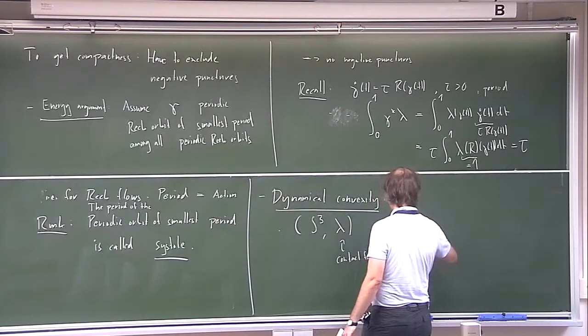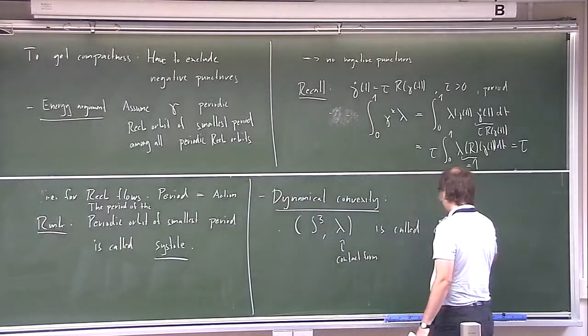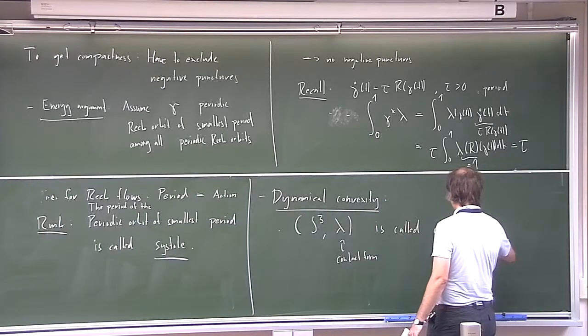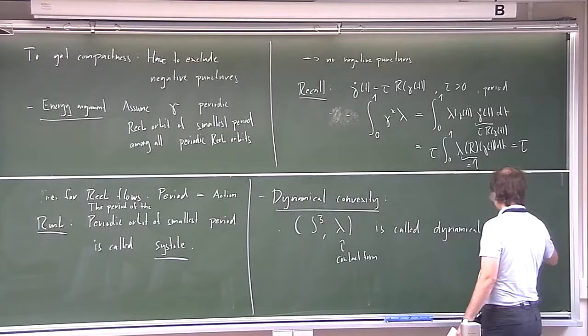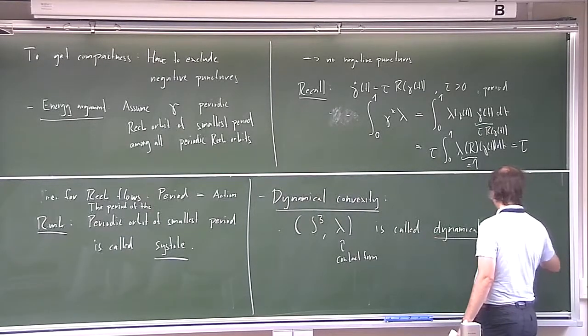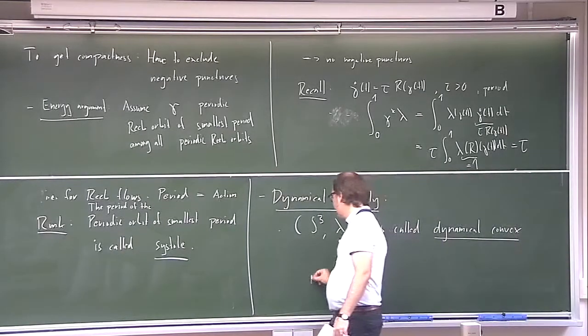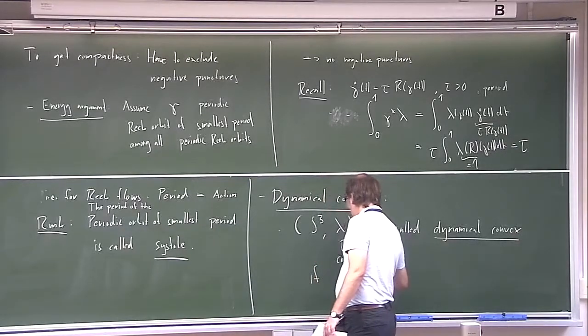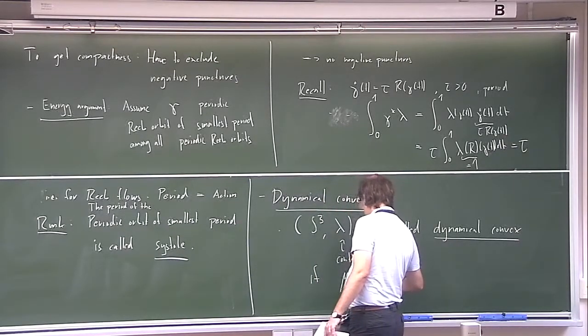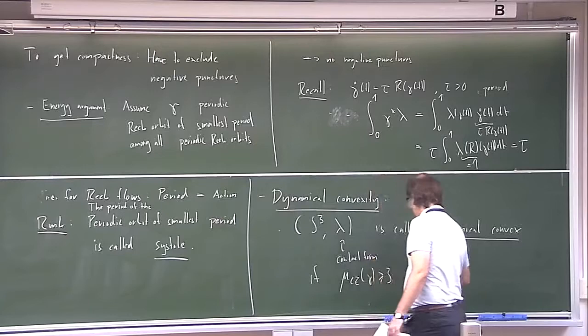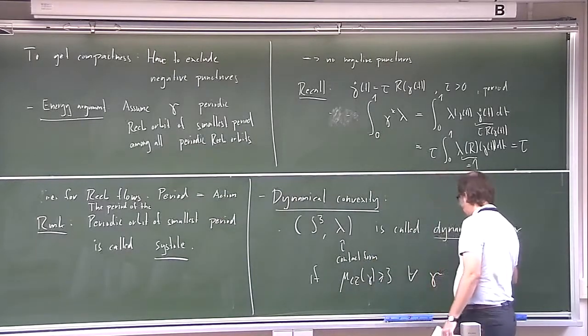It is called dynamically convex if the Conley-Zehnder index of gamma is bigger or equal 3 for all periodic Reeb orbits gamma.